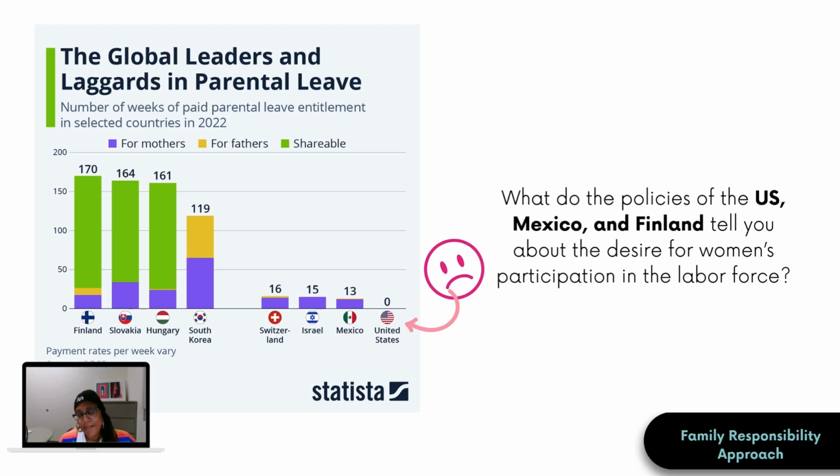Now, most countries, not even just talking about the wealthy nations now, globally, most countries, wealthy, poor, they have a law guaranteeing women some amount of paid maternity leave. So we're not just outliers among our peers, we are outliers internationally.